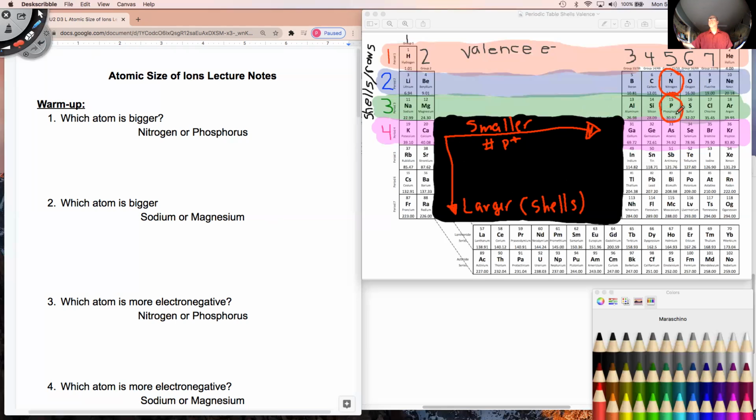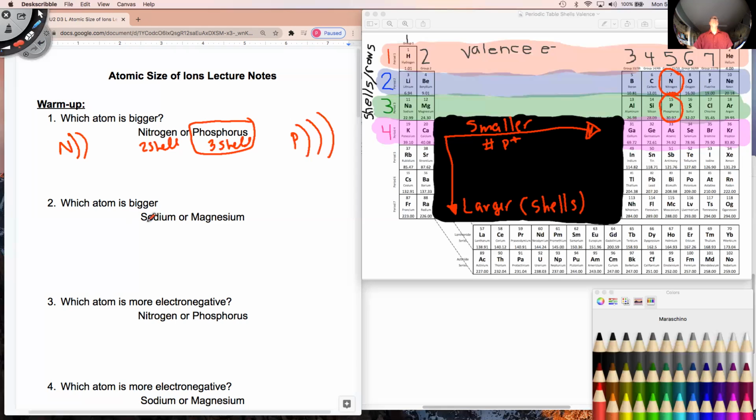Phosphorus is on the 3rd shell, or has 3 shells. Nitrogen only has 2 shells. So obviously, phosphorus is going to be a bigger atom. That's the reason for the size difference.